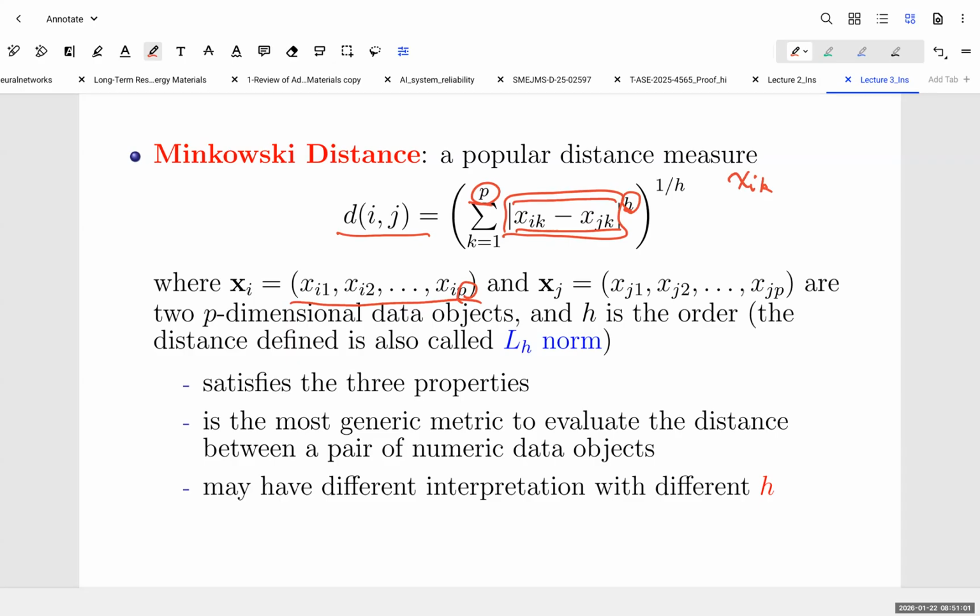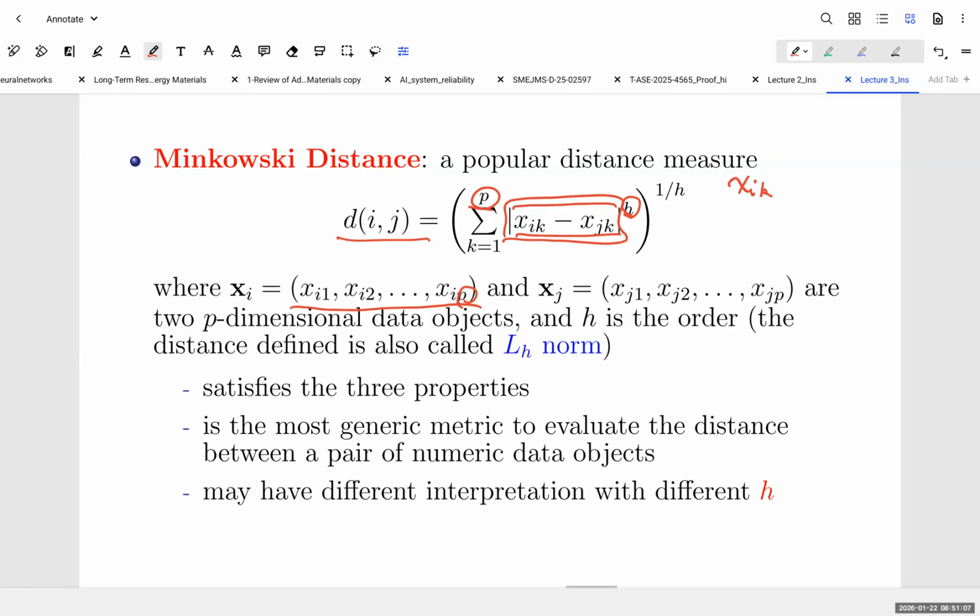Let's take a look at h equal to 2. Okay, so for i and j, we only have 2 numerical variables. And we take h equal to 2 as well. For xi1 minus xj1, absolute value, then we square it, right?